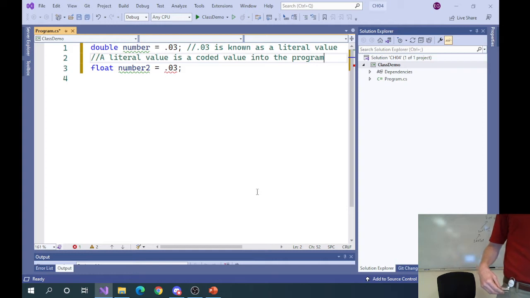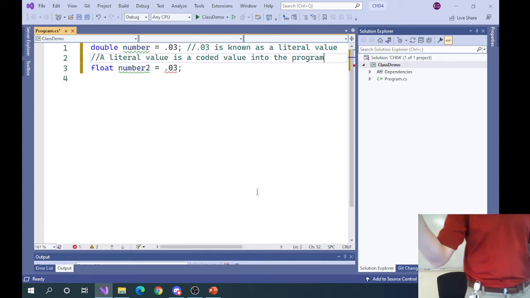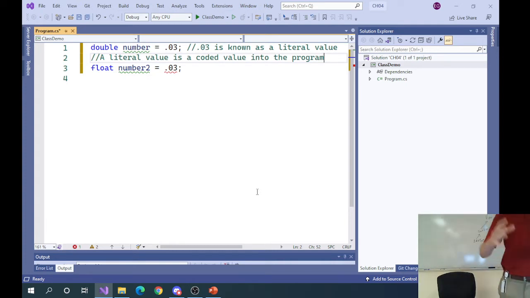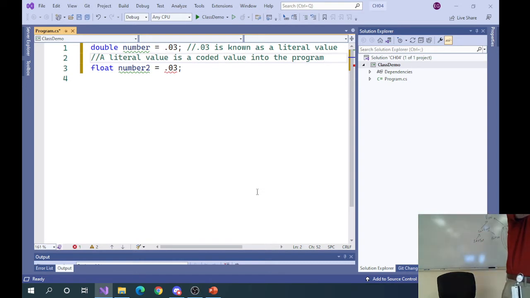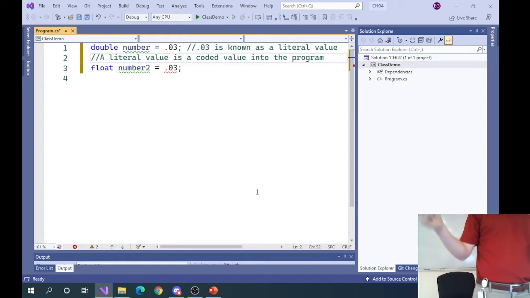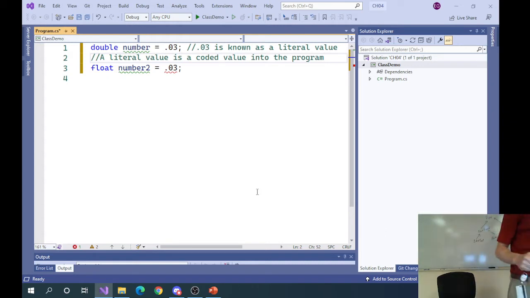Narrowing conversions could potentially cause data loss. If you've got a number that's 15 digits of precision, and you need all 15 digits, and you save it in 7 digits of precision, you could lose data there. So narrowing conversions could cause data loss.